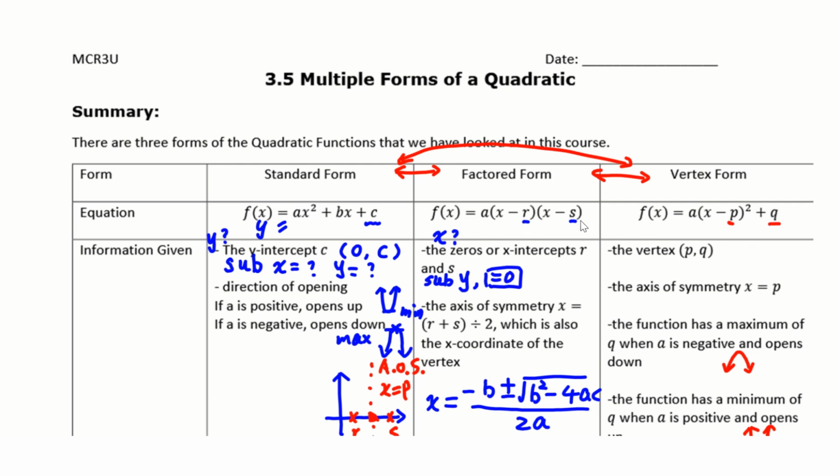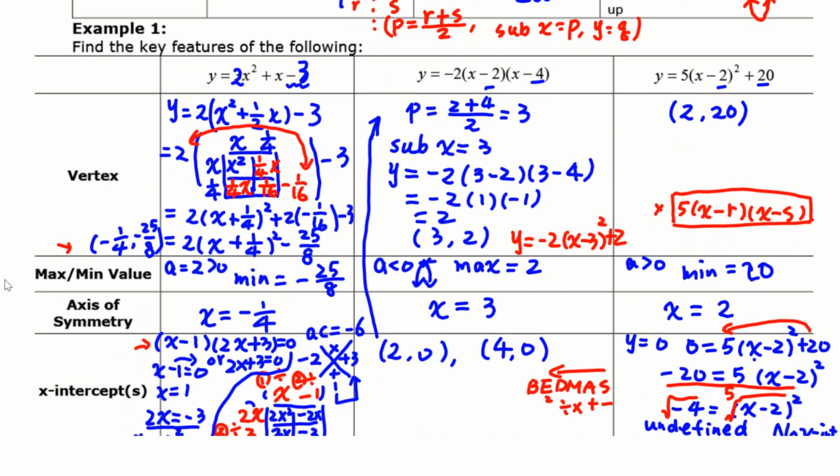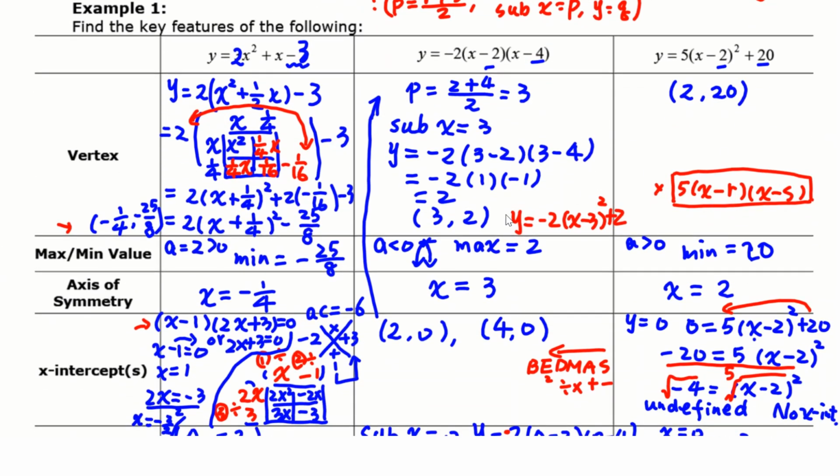Factor form, the r and s zeros easily. Vertex form, you could find the p, q easily. And also we have gone through how you can convert from one form to another one and find all those information, key points: x-intercept, y-intercept, and vertex.